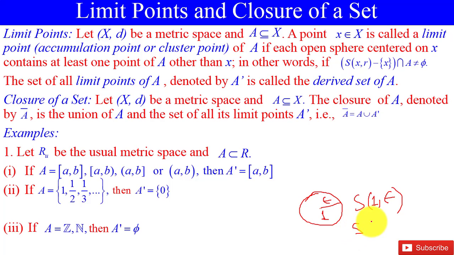Therefore, S(1, epsilon) intersection singleton set {1} is equal to empty. Therefore, 1 is not a limit point. Similarly, 2, 3, 4, etc. are not limit points of Z or N. Therefore, A dash is equal to empty.